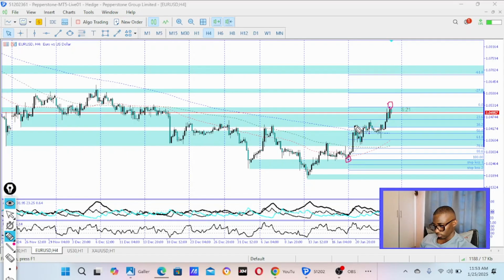Price also made this bullish continuation. There's a double bottom. So what I want to see from the H4 time frame is for price to come back to this area, the monthly line, give me a retest, and then price shoots up.